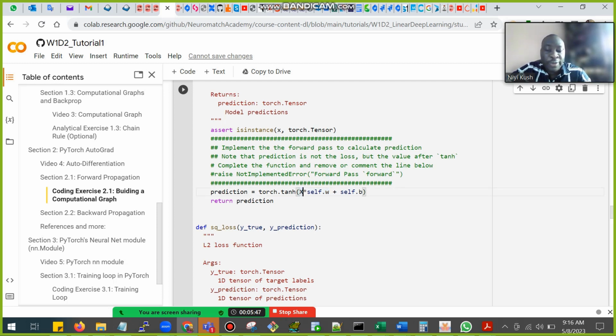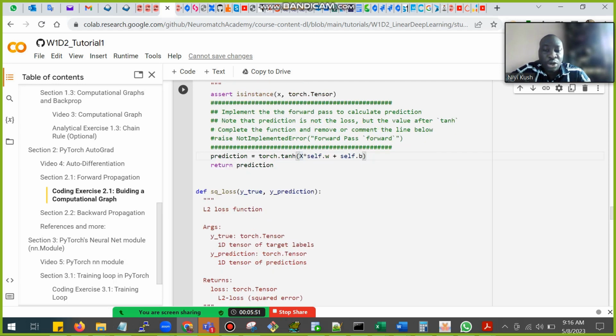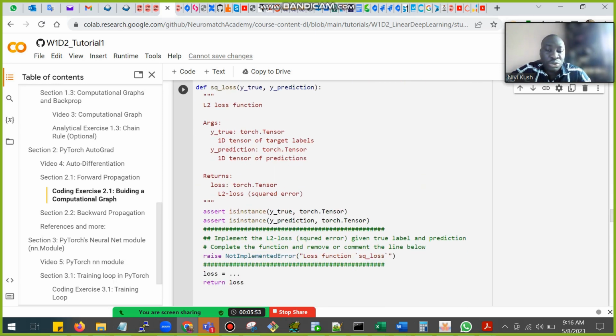Also, to define the other aspect, which is the loss, we just need to take the difference of the actual value and the predicted value. So what we are getting is the true y minus y, which is predicted. Let's call this prediction, and we have the square of that.